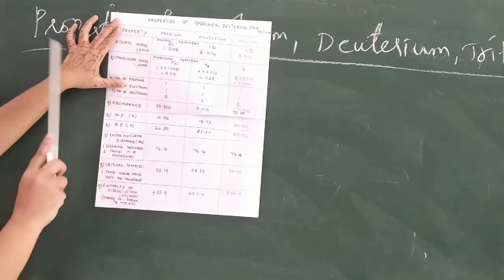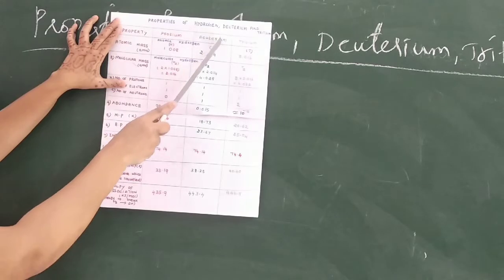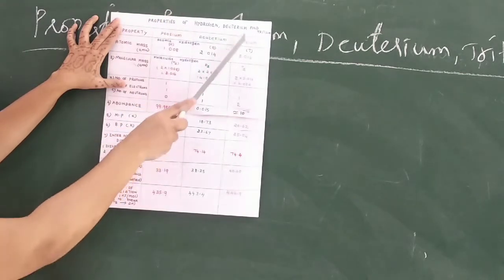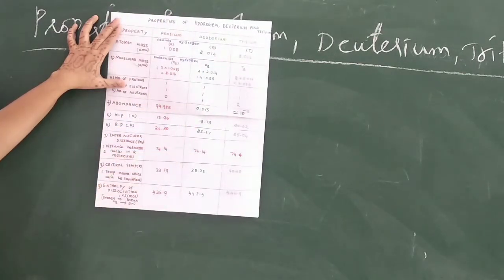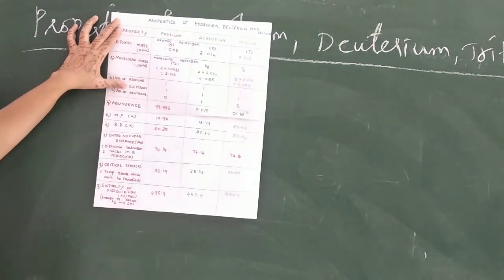Atomic weight of hydrogen is 1.008, deuterium 2.014, tritium 3.016.